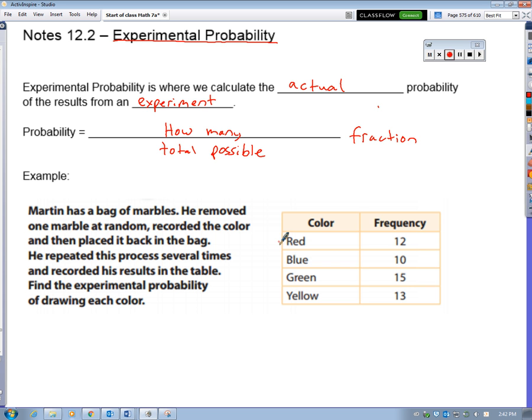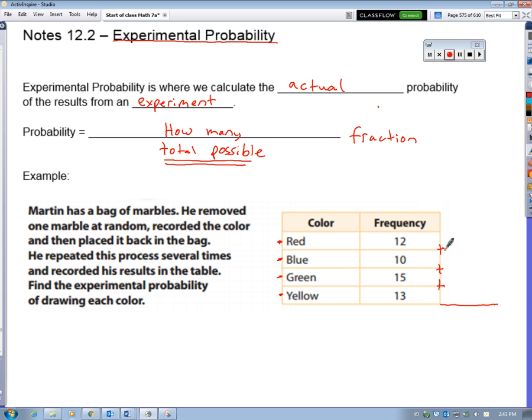What we want to do is find the probability of picking these colors when he drew those marbles out of a bag. One thing we don't know is how many marbles were actually in the bag. We don't know how many reds or blues or greens. So we need the total possible, so we can make our fraction. We're going to add up the total number of times that he drew marbles out of the bag.